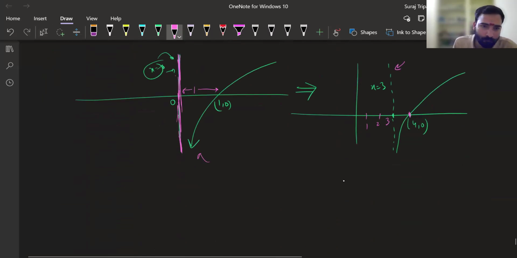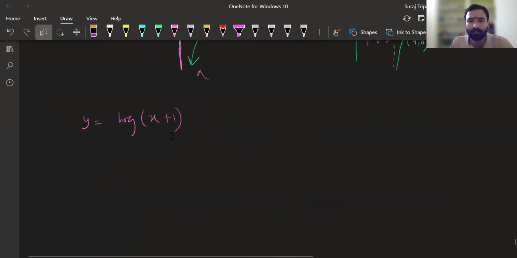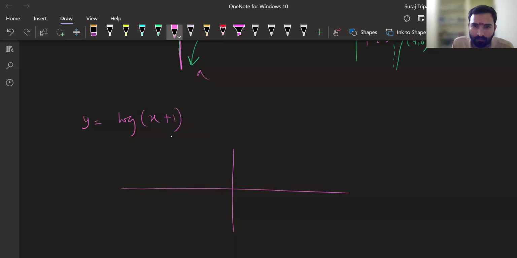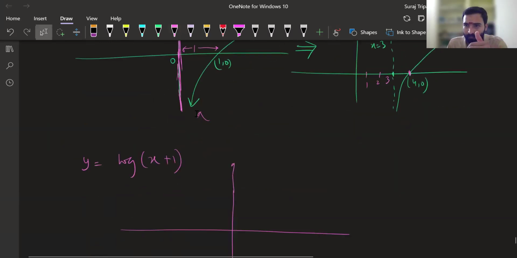Now see one more. For example, if we go from log x to log(x plus 1), we already know the graph of log x. So now draw the graph of log(x plus 1). The graph will shift towards the left side by 1 unit, right?